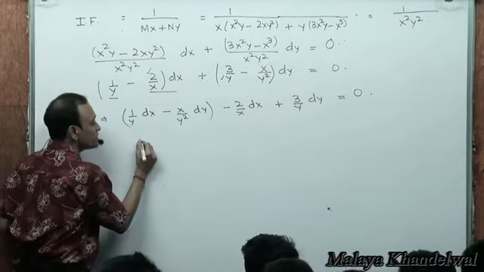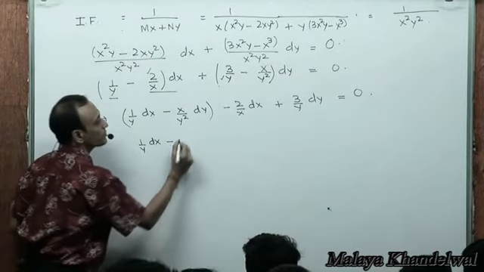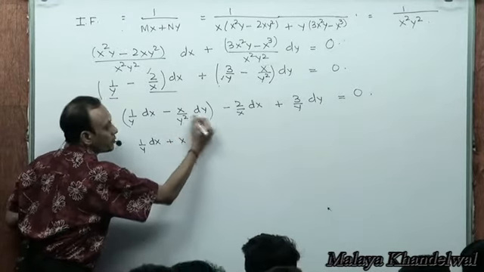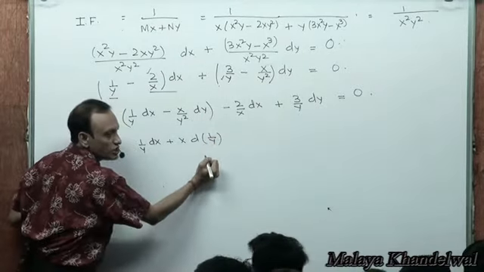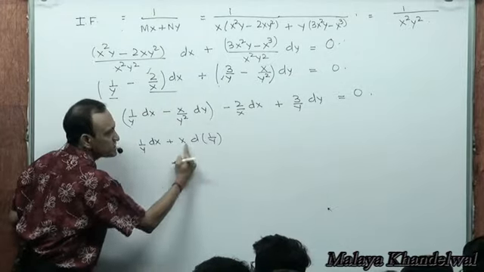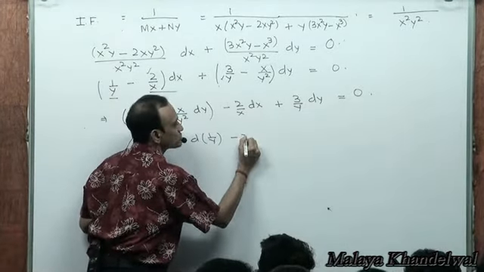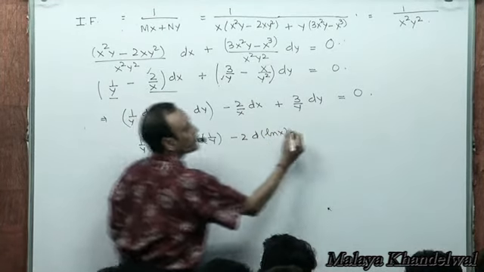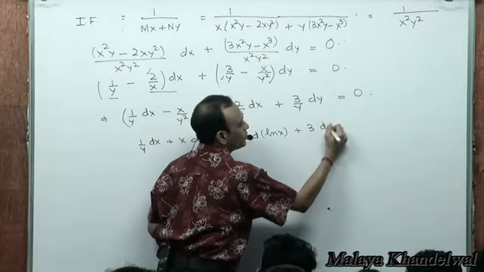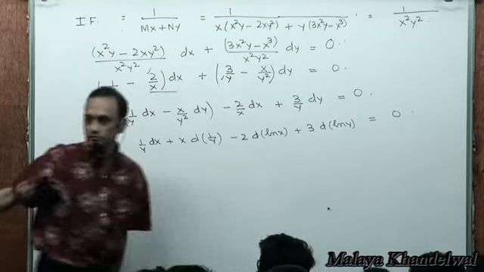Now, do you see this 1 by y dx minus x by y squared dy is d of 1 by y, isn't it? And this is minus twice d of log x, isn't it? Plus 3 d of log y equal to 0. How about it?